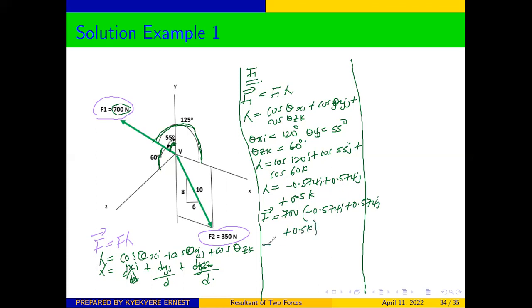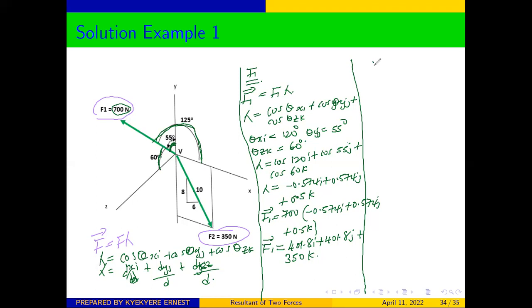And from there, our force F1 in the vector form will be equal to negative 350 i, plus 401.8 j in the y-axis, and then our force in the z-axis will be 350 k. So we have been able to resolve F1 into components.